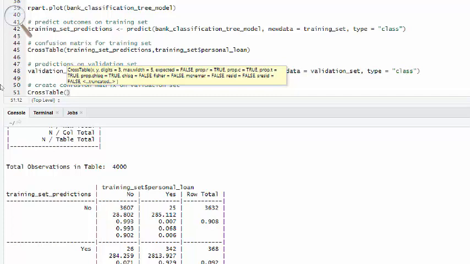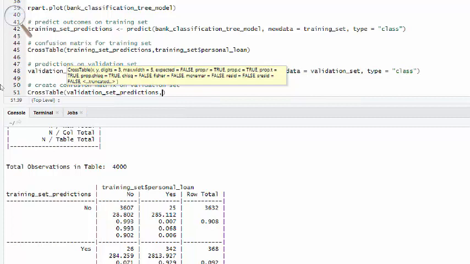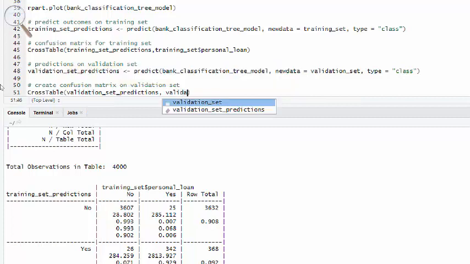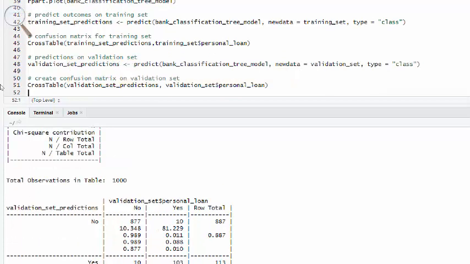Validation set personal loan, right? So validation set predictions versus my validation set $ personal loan. What it was in actuality, the real thing. Okay, let's run it. Validation set predictions versus validation set personal loan.